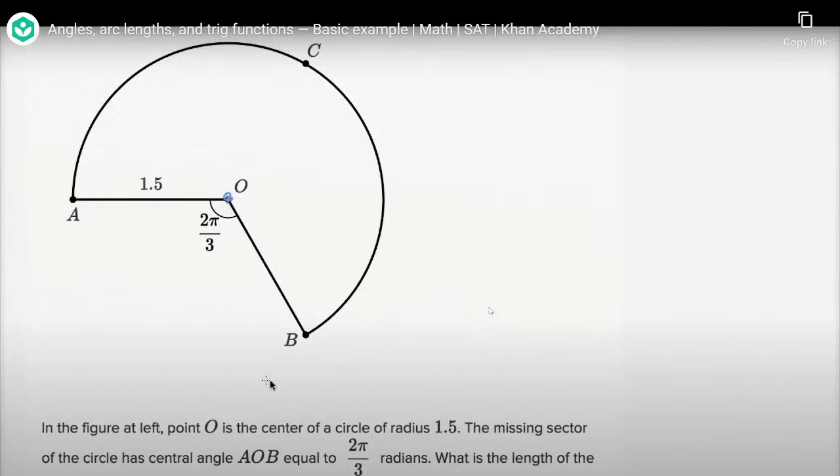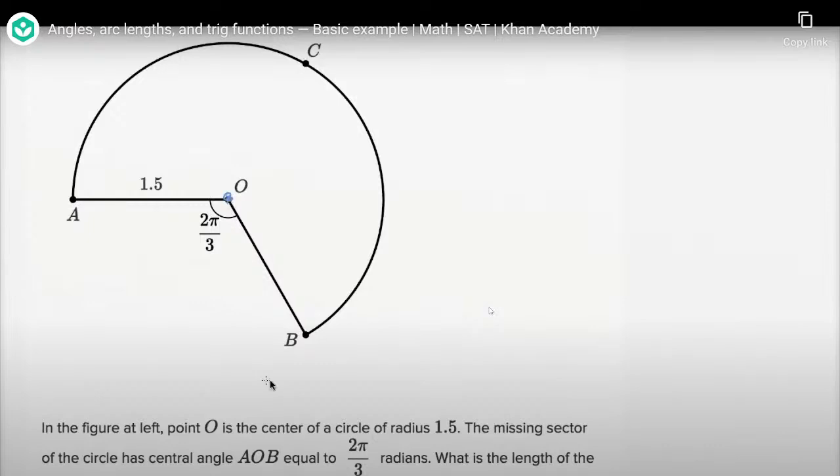So what we do here is first we find the sector AB. We do 2 pi minus 2 pi by 3, so we got 4 pi by 3.